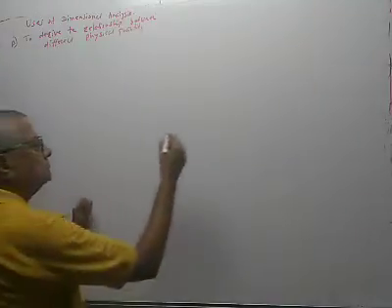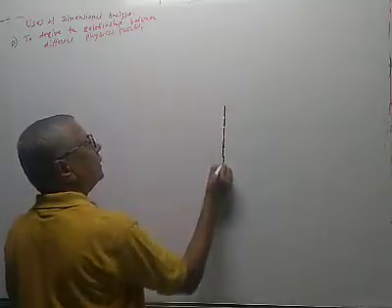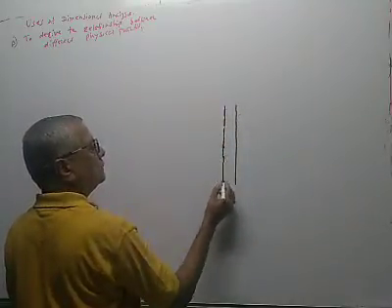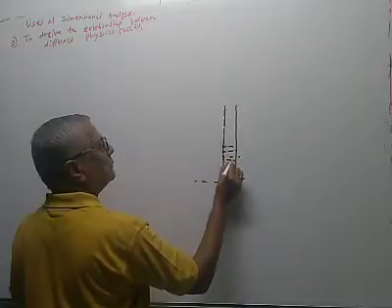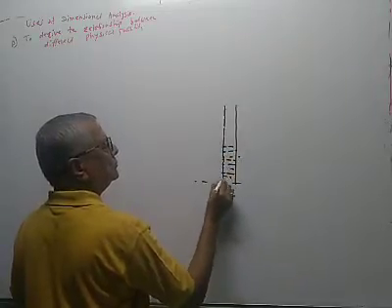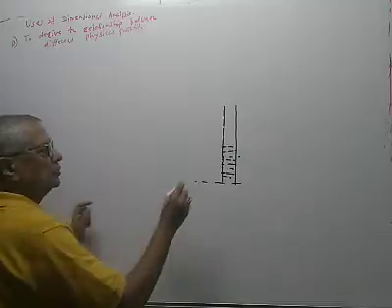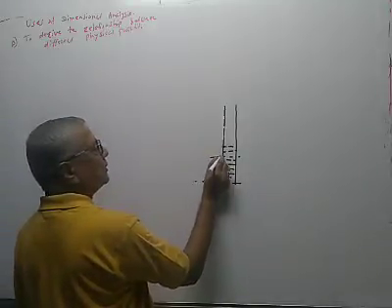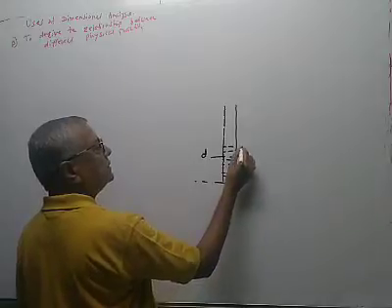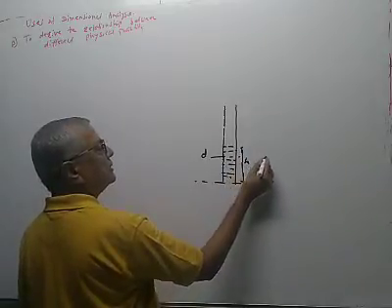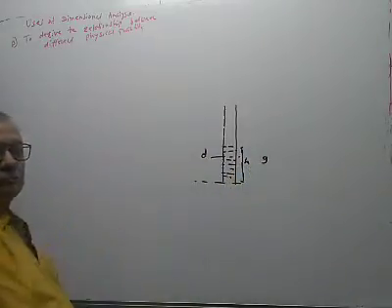If we consider a liquid column, say water column, so this liquid water has certain density d, it has height h, and g is the gravitational acceleration.